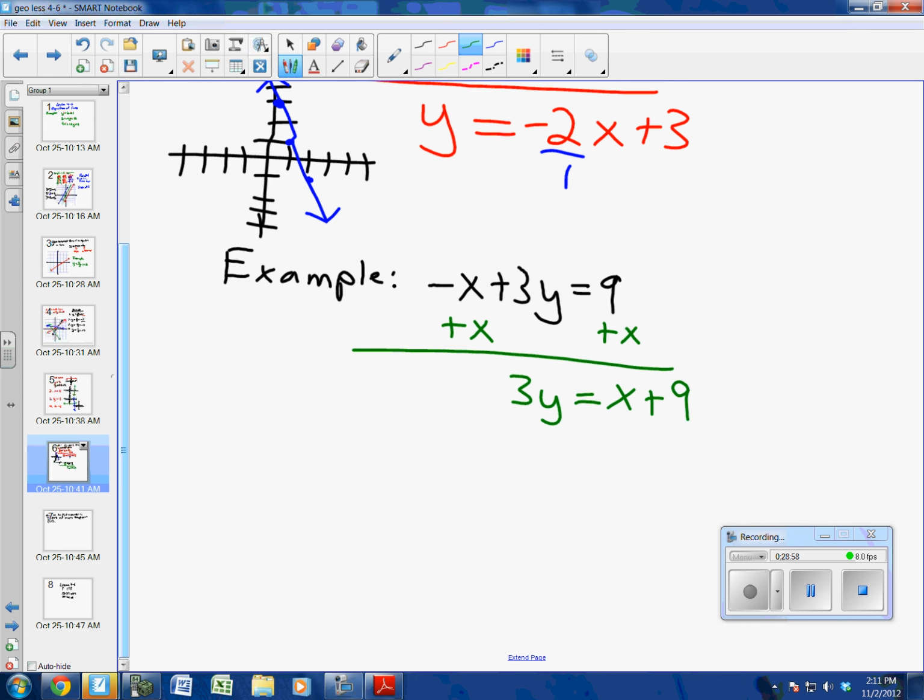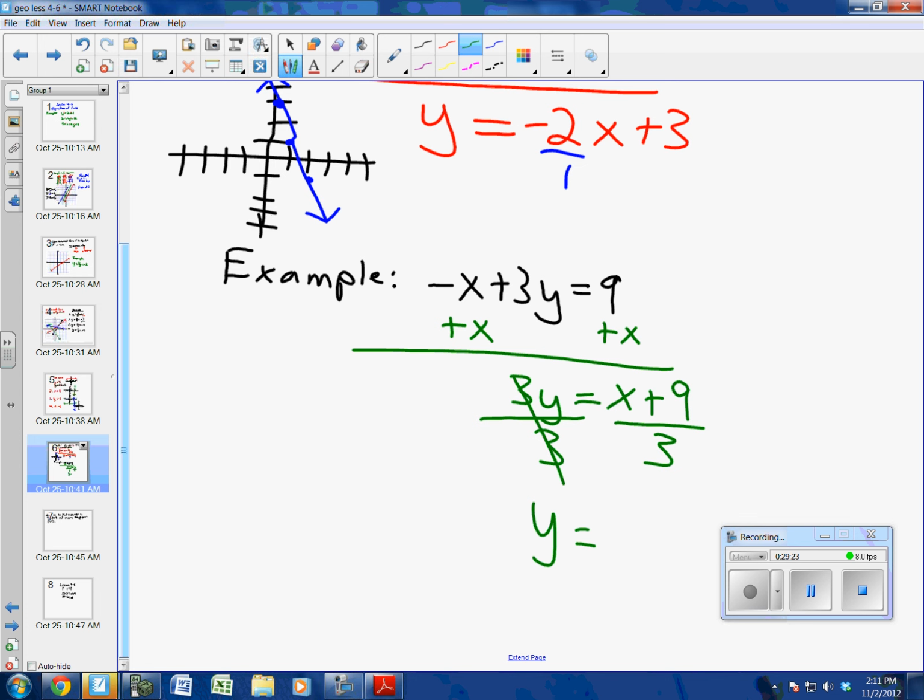Okay? Then, what can I do? I can divide everything by 3. Y equals, and by the way, I could leave it like this, but I want to put it in slope-intercept form, so I want to divide 3 into each term. Right now, on the left term, I only have an x, right?